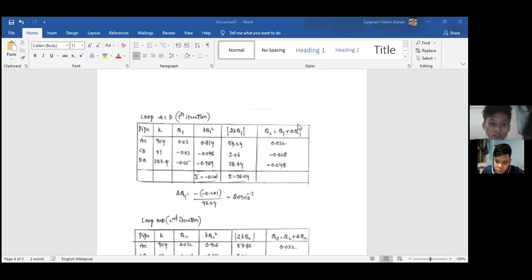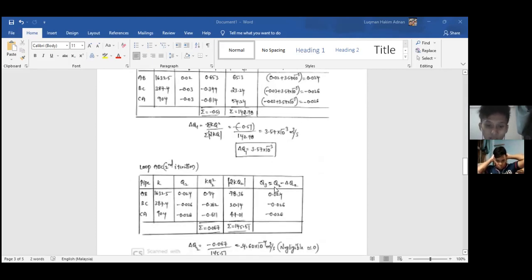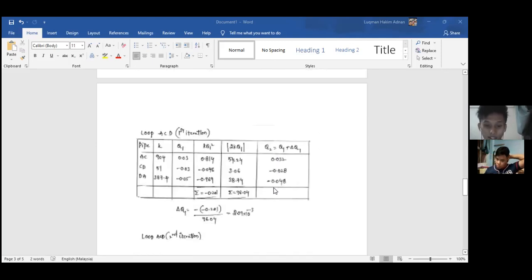Then we can get the value of K and the value of Q, same as Haikal already said in the first solution on how to get the total Q. I don't want to repeat it again.